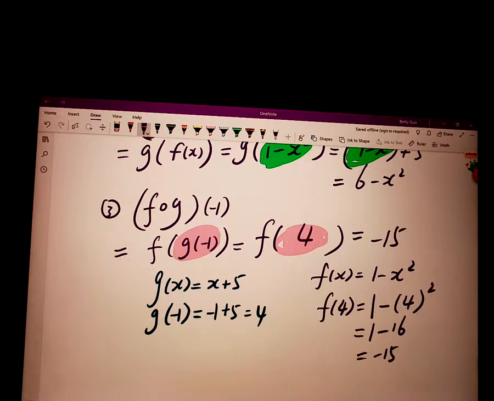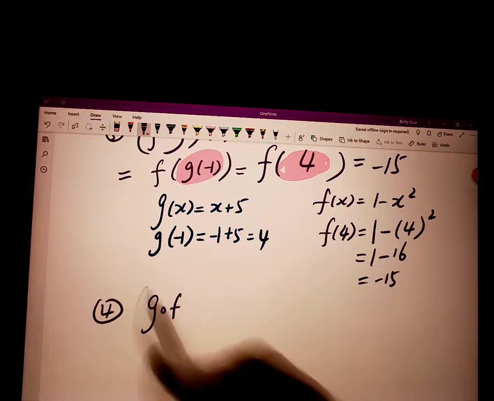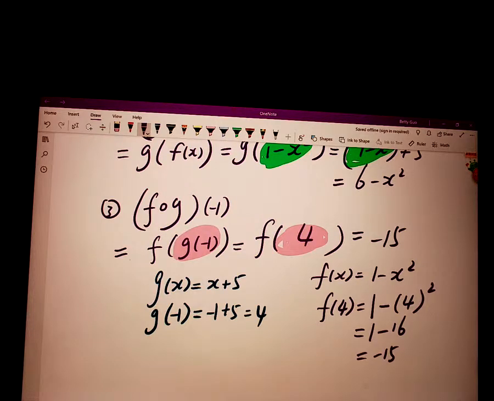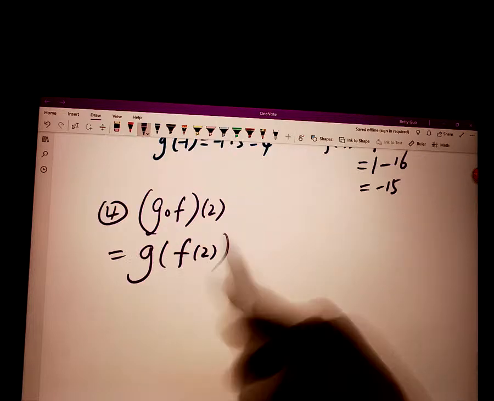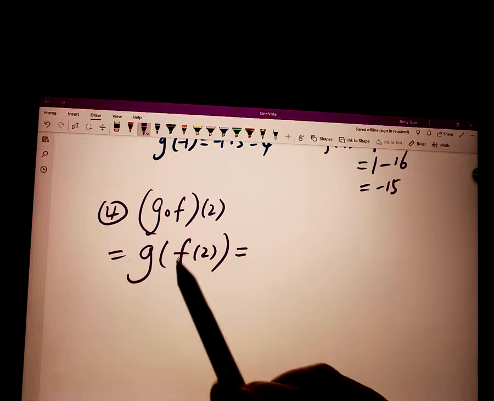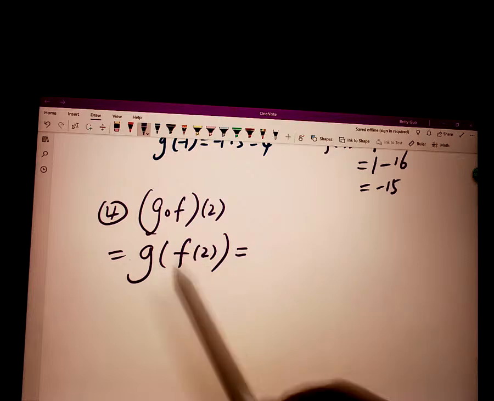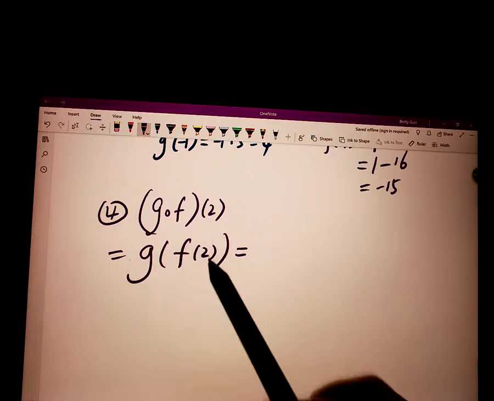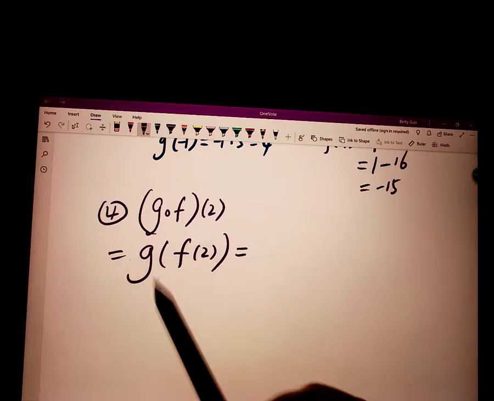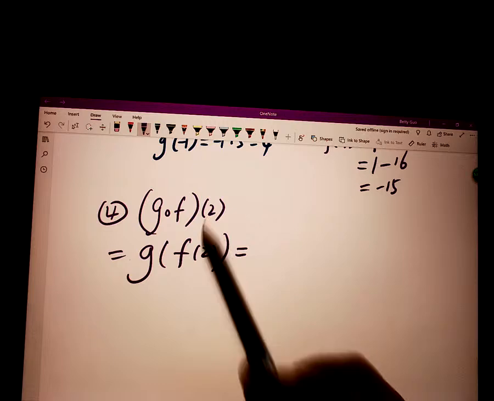So, part 4, we are looking for g circle f of 2. This notation represents the value of the composite function at x equals 2, or the corresponding output of the composite function when the input is 2.